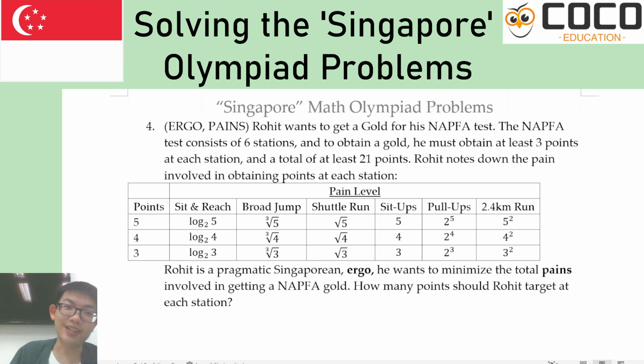Now, I did think about getting a gold for NAFA test a little bit when I was a student, and thinking about how would we be able to strategize to just get a gold, right? Obviously you don't do that, but hypothetically. And the rules are that you must have at least 3 points at each station, which is a grade C, and a total of 21 points. Now this is basically meaning that in addition to the bare minimum, you need 3 more.